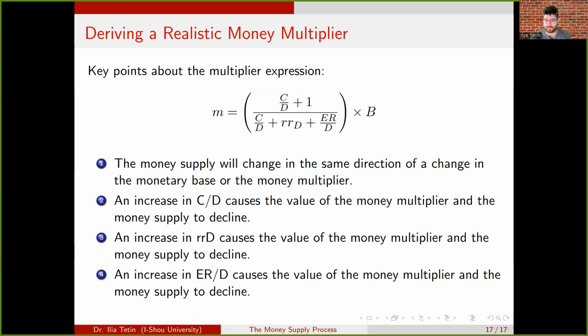The money multiplier will be 400 over 800 plus 1 in the numerator, divided by 400 over 800 plus 0.1 plus 420 over 800 in the denominator.